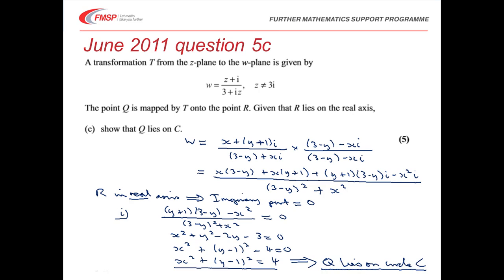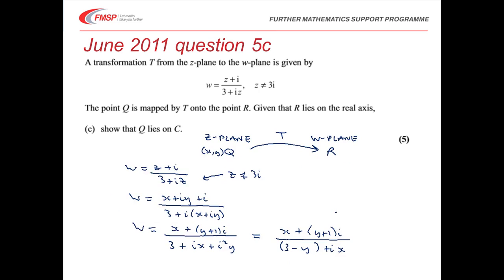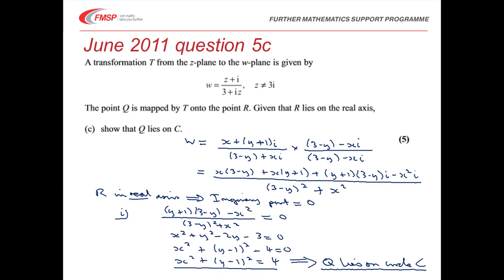The mark scheme for this part of the question gives a method mark for rewriting W in terms of x and y. It gives a method mark for multiplying top and bottom by the complex conjugate.